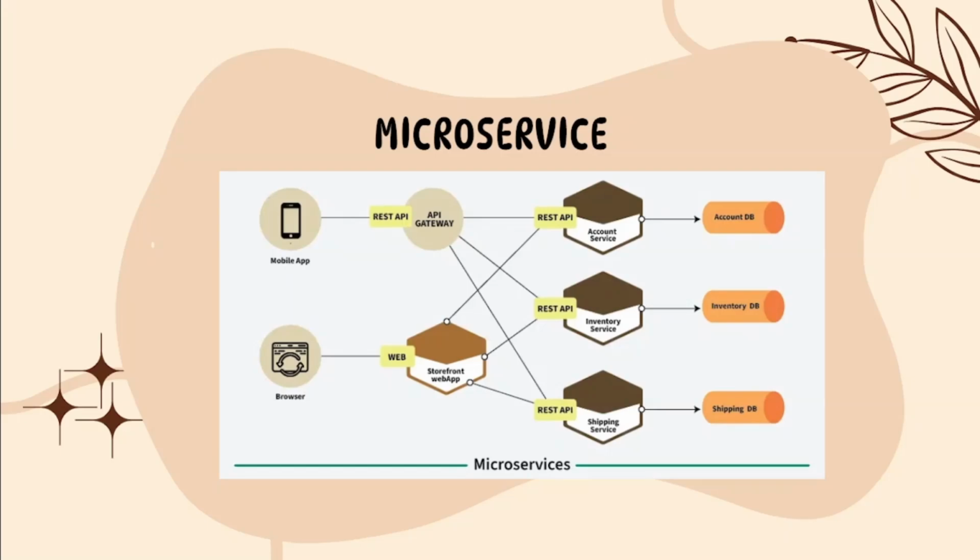So what is the microservice architecture? Microservices split the application into small independent services. Each one handles a specific business function, and they communicate over APIs. For example, you can see here there are three services: account service, inventory service, and shipping service, right?